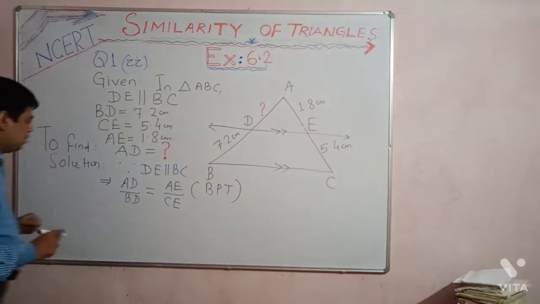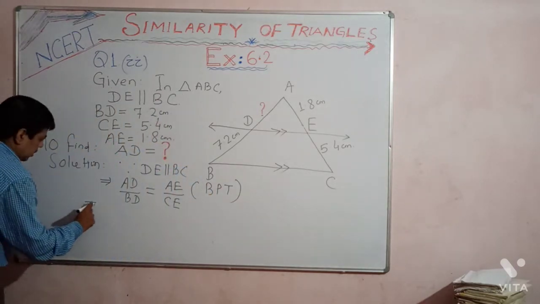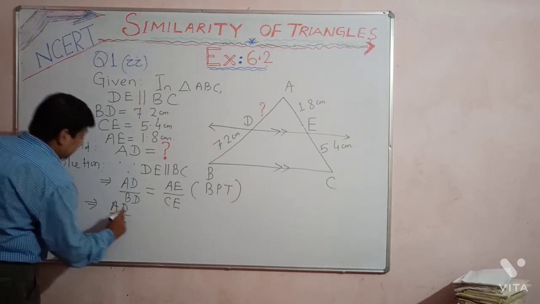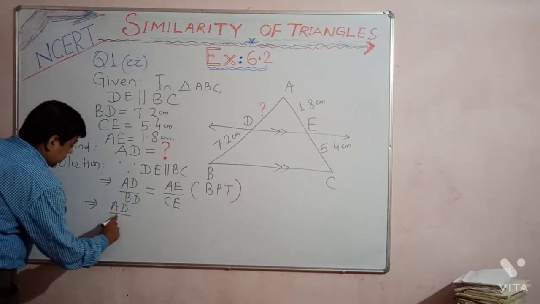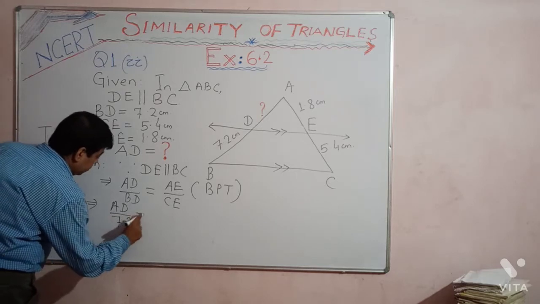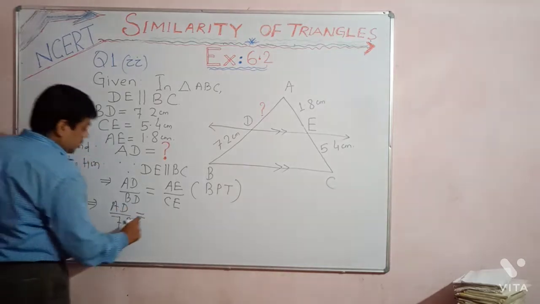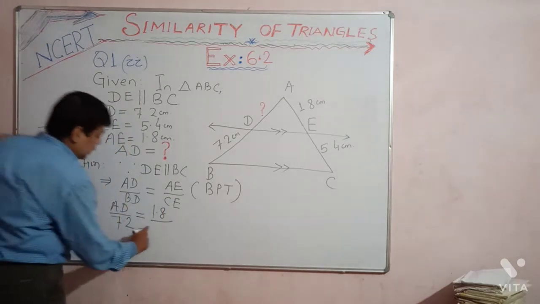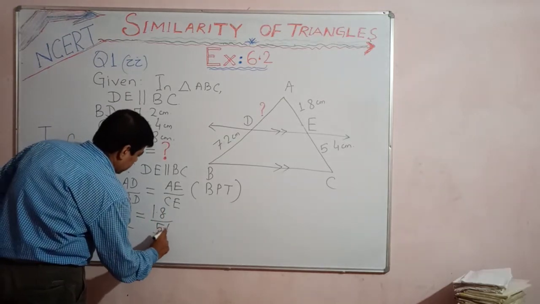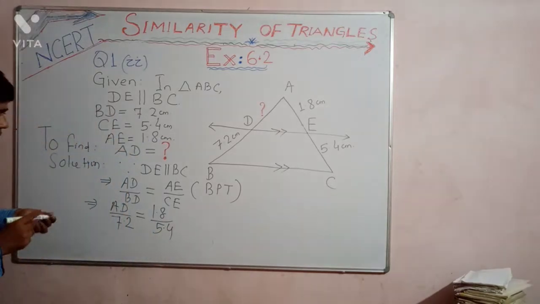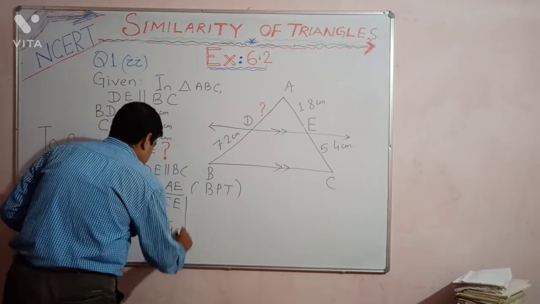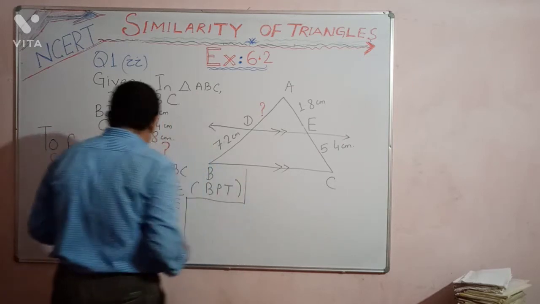Now just put the values here. AD is given, and you have to find the AD value. Here the BD value is given 7.2, is equal to AE value, which is 1.8, divided by CE value, which is 5.4. Understand? After that, simplify and find the value of AD.